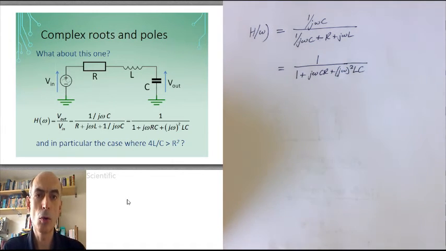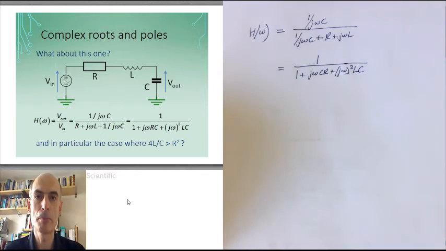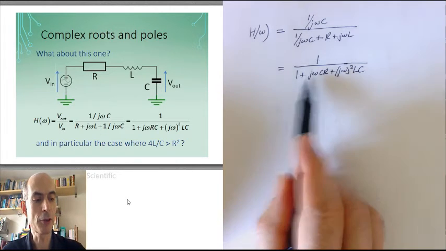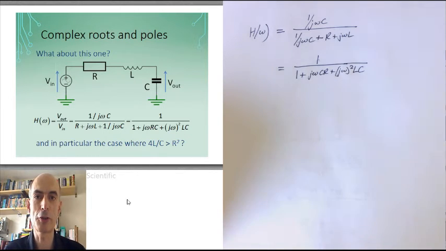Now, clearly there are no zeros. There are no values of j omega for which the numerator is 0. But the denominator is a quadratic in j omega. Quadratics have two roots, so there will be two poles, two values of j omega for which the denominator is 0. And we can work out where they are by solving the quadratic equation.